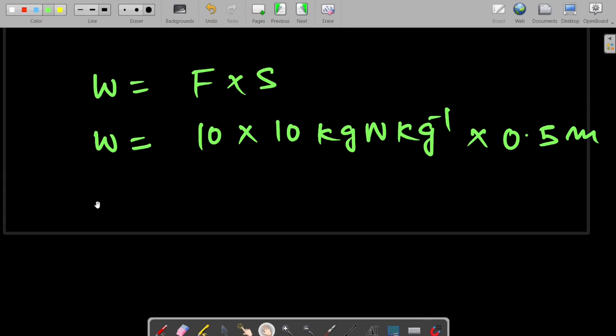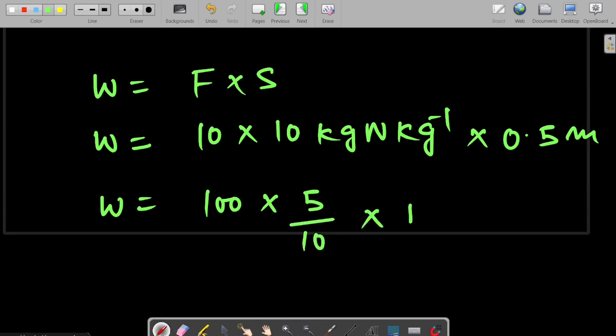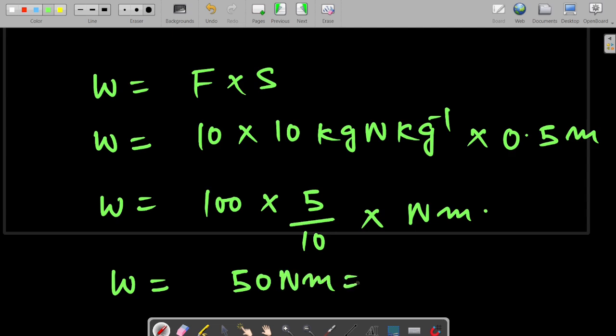And if you simplify this, 10 into 10 is 100, into 0.5, you can write 0.5 as 5 upon 10 in fraction form, into Newton meter. So your work will become 100 into 5 by 10, that is 50 Newton meter, which will become 50 joule. So this is the solution of the first part of the problem. Now we will see the second part.